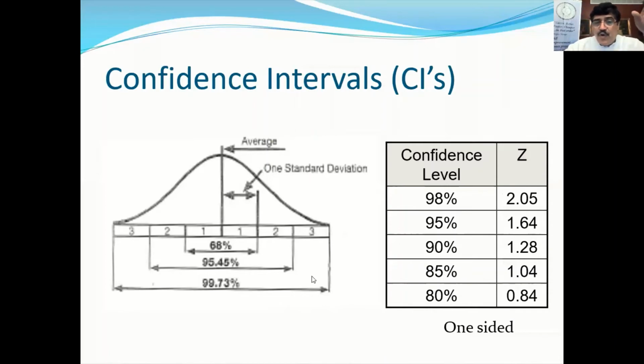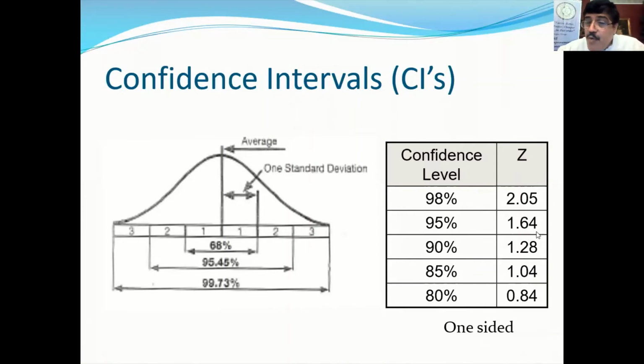If you ignore this part and you look only at this table, you say that I am 95% confident that my data will be between 1.64 standard deviations below and 1.64 standard deviations above.